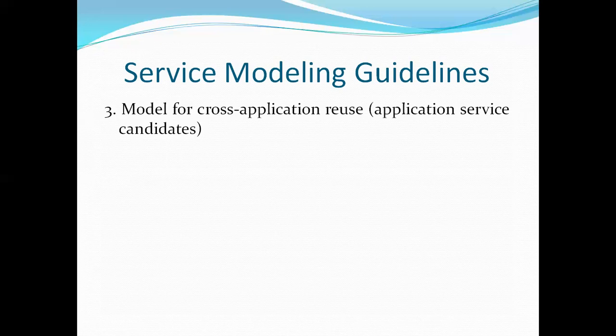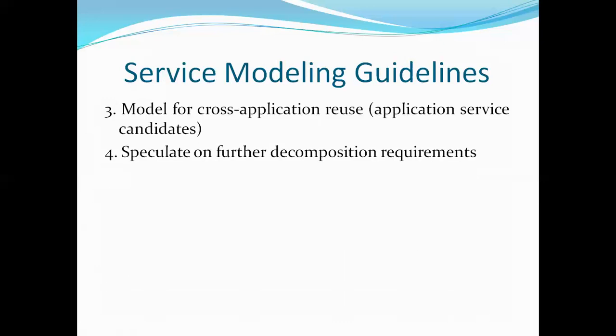So cross application reuse is also one of the requirements of the service modeling guidelines. For example, an ASP.NET service is called with the help of PHP or Python or Java itself. So this is the third modeling guideline, a model for cross application reuse.